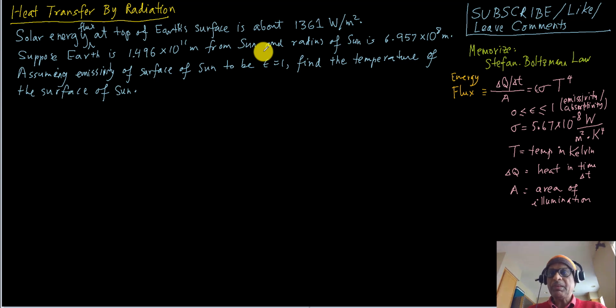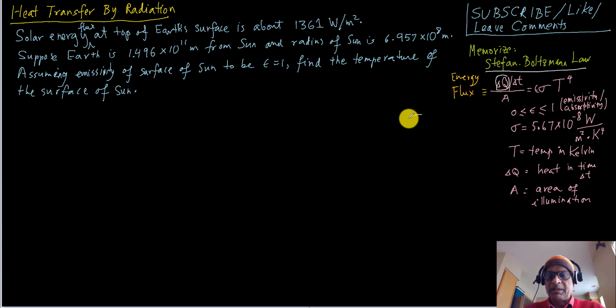Okay, so if you haven't memorized, you need to memorize this Stefan-Boltzmann law, because otherwise a lot of problems will be out of your reach. So it talks about energy flux, where the amount of energy, this is basically energy per unit time, per unit area.